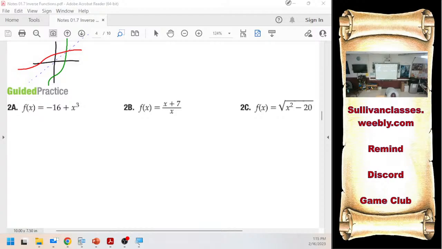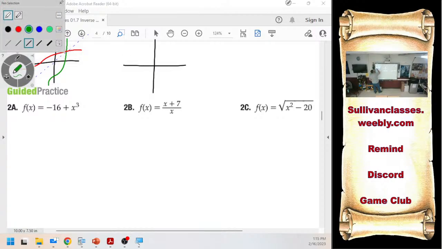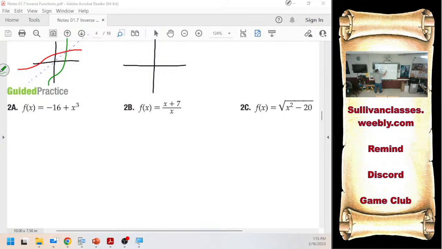If you take a y out of this, you get a negative 1. And then divide to get y by itself. Y equals 7 over x minus 1.